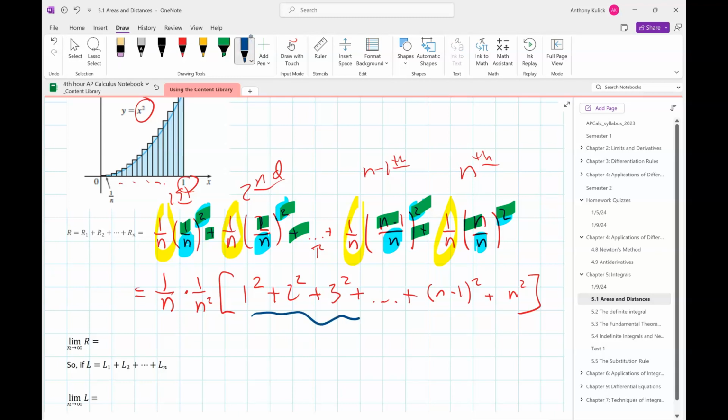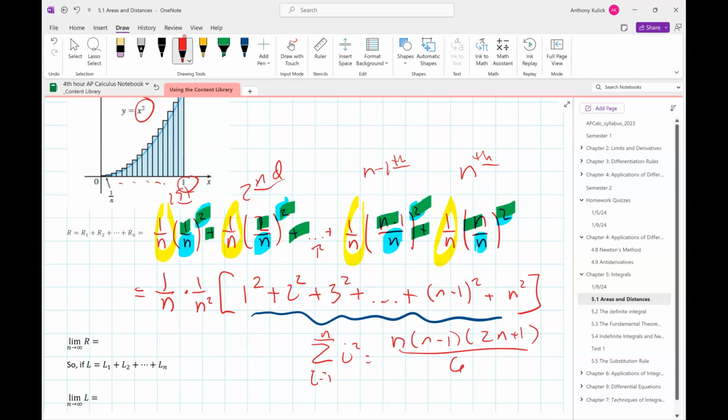Now, this piece here, maybe you remember from your Algebra 2 class. Does anybody recognize that? The sum of squares? That was n times n plus 1 times 2n plus 1, over 6.